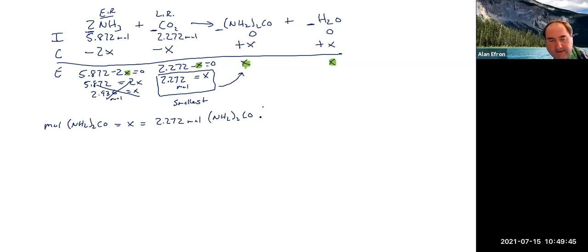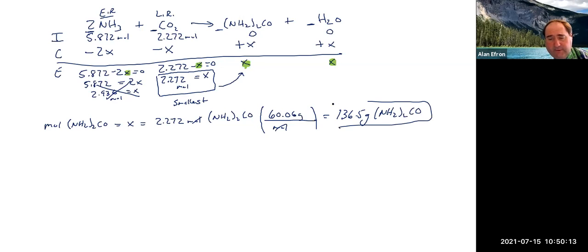That means our molar mass is going to be 60.06 grams per mole, and the moles will cancel, and 2.272 gets us about 136.5 grams of our product. And again, this would be our theoretical yield. Any questions on that up to there?